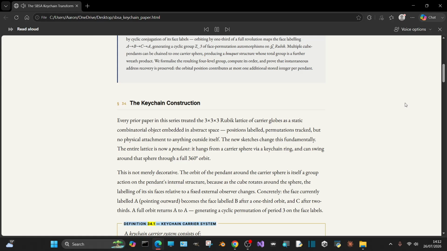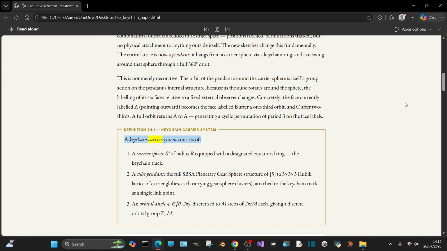Definition 34.1 Keychain carrier system. A keychain carrier system consists of a carrier sphere S² of radius r, equipped with a designated equatorial ring, the keychain track. A cube pendant, the full SBSA planetary gear sphere structure of a 3x3x3 Rubik lattice of carrier globes, each carrying gear sphere clusters, is attached to the keychain track at a single link point.